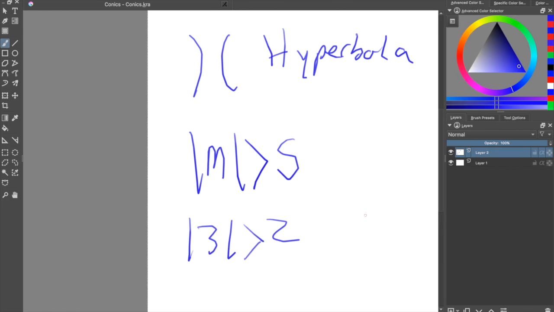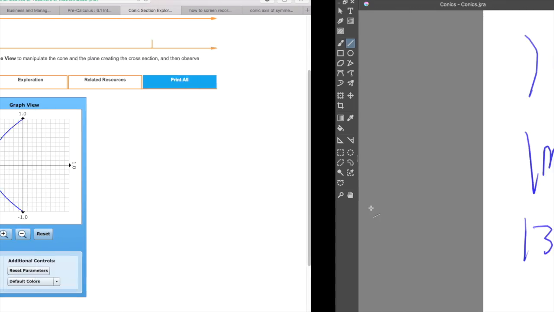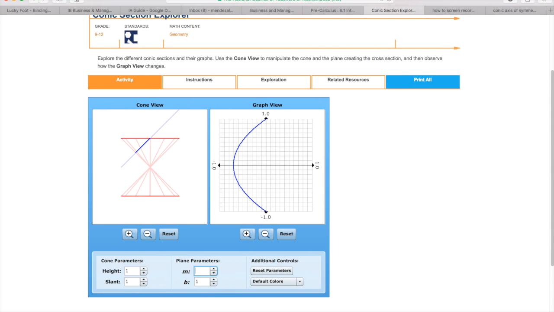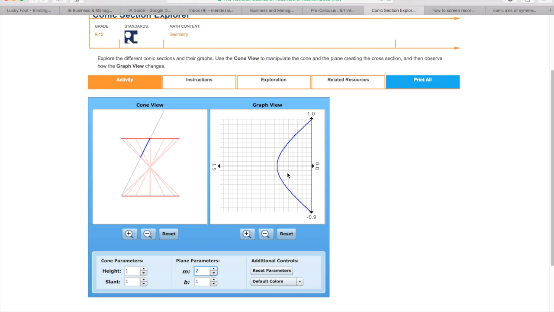Now we're gonna draw our conic, and well, let's see what happens with a hyperbola.